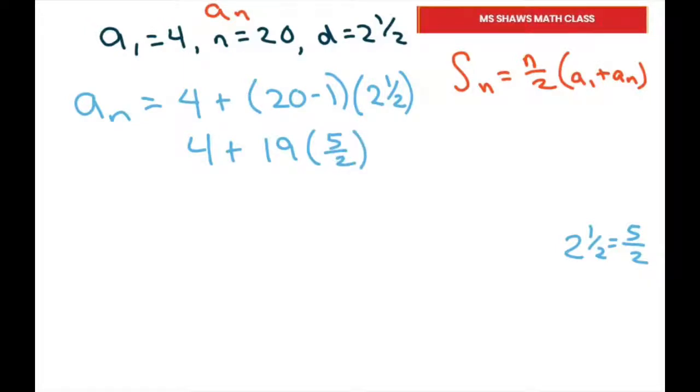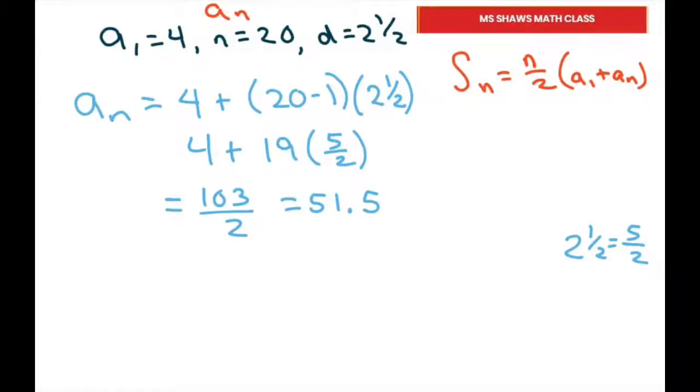And when you multiply that out, that's going to equal 103 divided by 2, which equals 51.5.